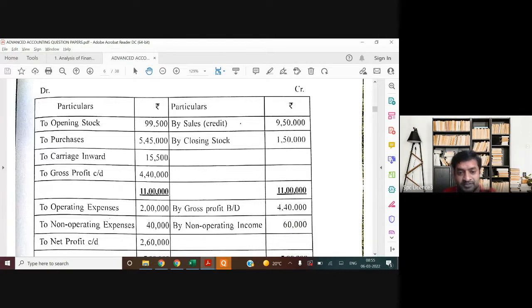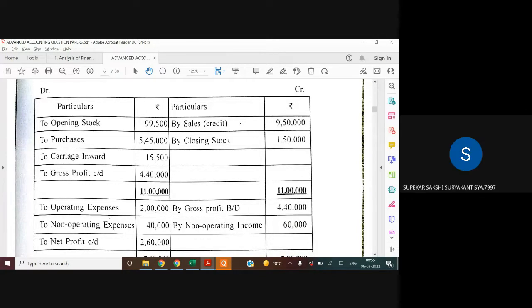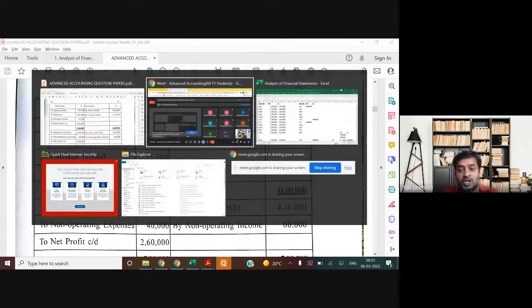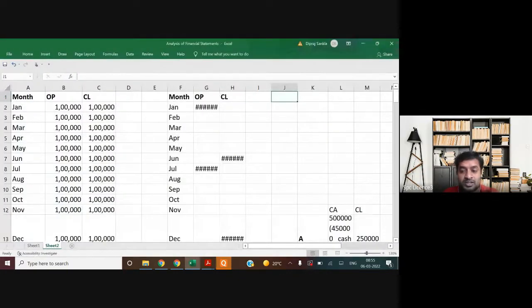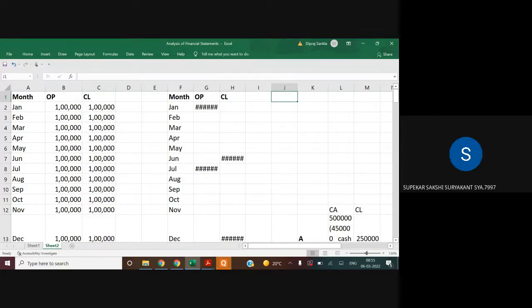Is it okay? Yes, sir. Here, in the stock turnover ratio, what does turnover mean? Turnover means credit sales, credit purchases, total sales, or cost of goods sold? Cost of goods sold.